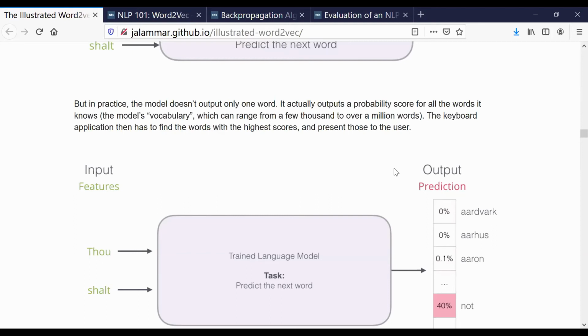So word2vec at the end of the day is a matrix. It's a matrix of size 300 by 1 million. So you take the one-hot vector, multiply by this, and then you get this.